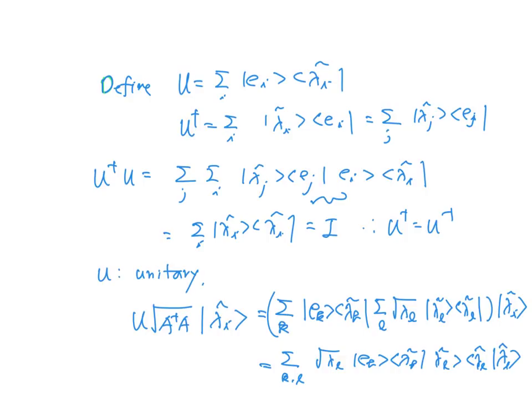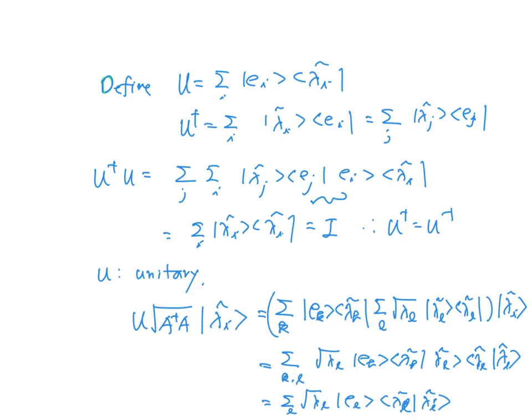Firstly, k and L have to be the same, right? Otherwise it's all 0. Correct? When k and L are different, it is all 0. So one of the summations has to be just L. So it becomes lambda L, E L, lambda K, lambda L, I. But this inner product is again zero unless L has to be I, right?